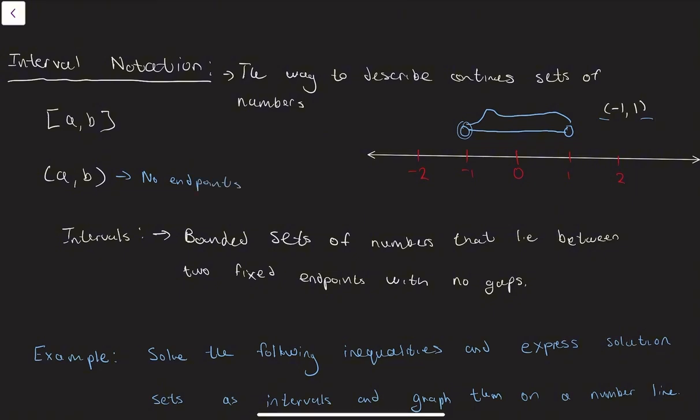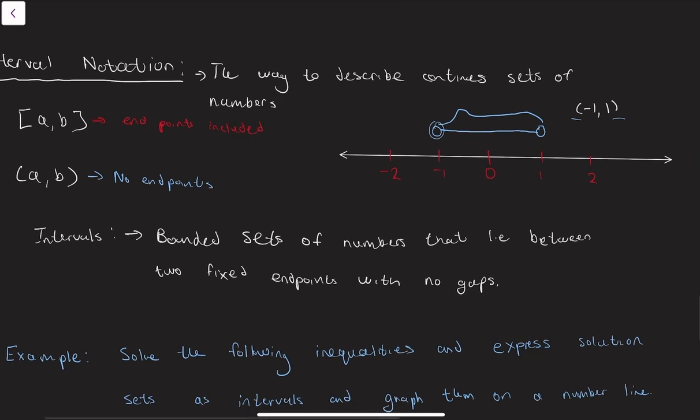If we wanted to include the endpoints, we'd use square brackets. So let's try that. This would be -2, 1.